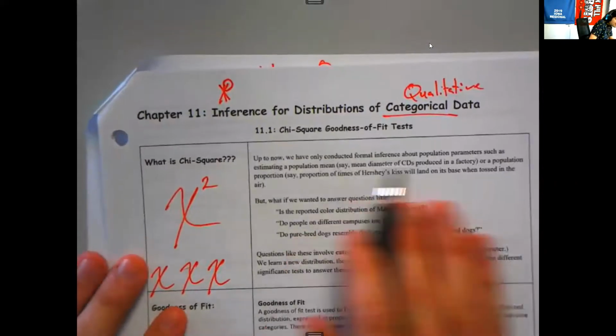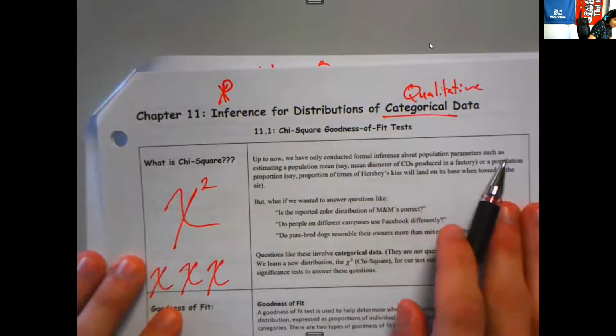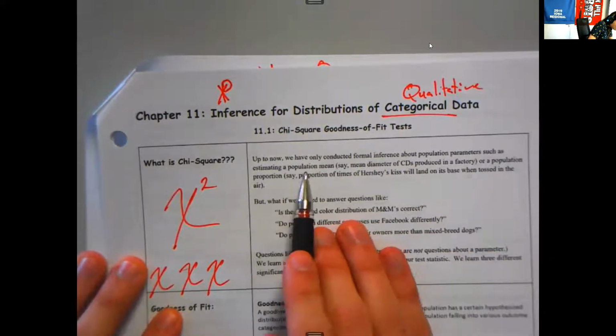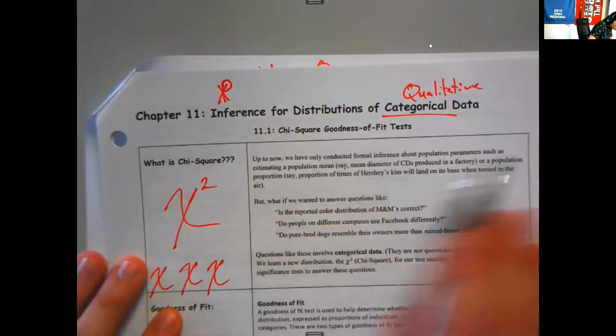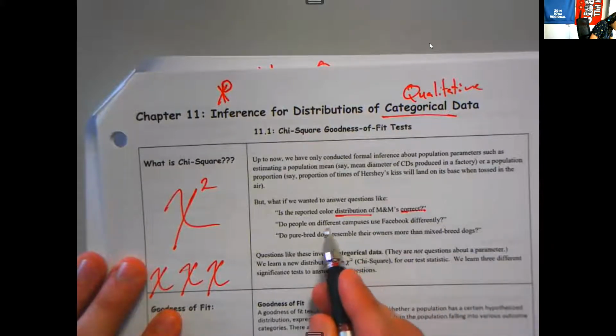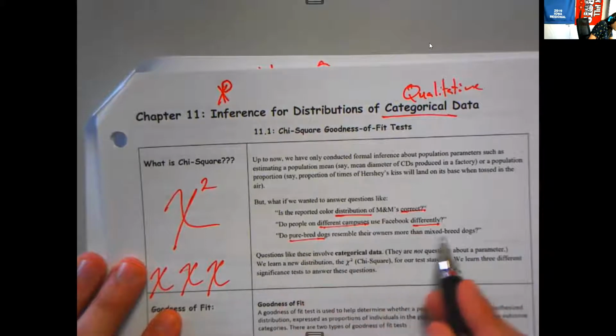Up until now, we've only conducted formal inference about parameters, such as estimating a population proportion or population mean. But what if we wanted to answer questions like, is the distribution correct? Do people on different campuses use something differently? Do purebred dogs resemble their owners more than mixed breed dogs?